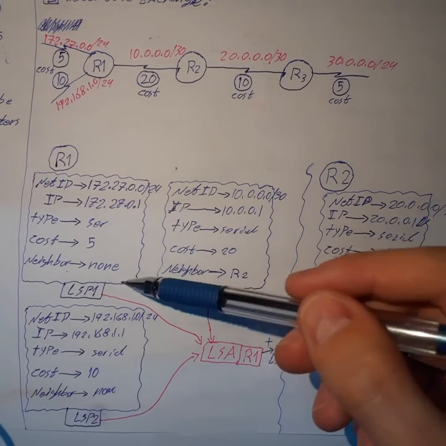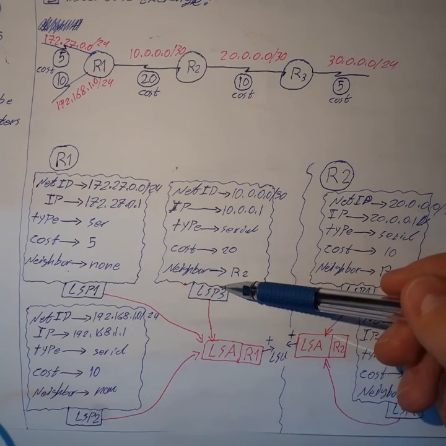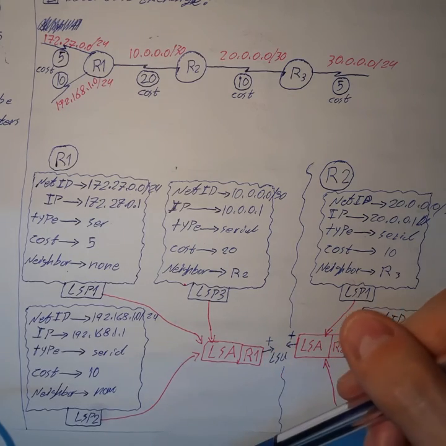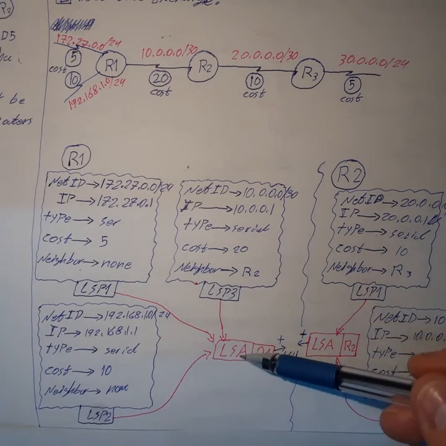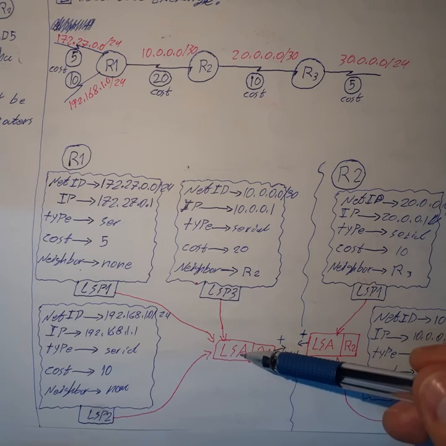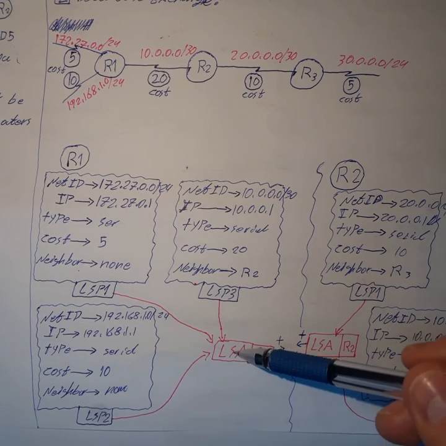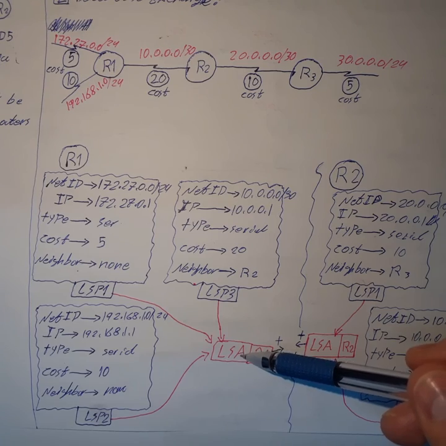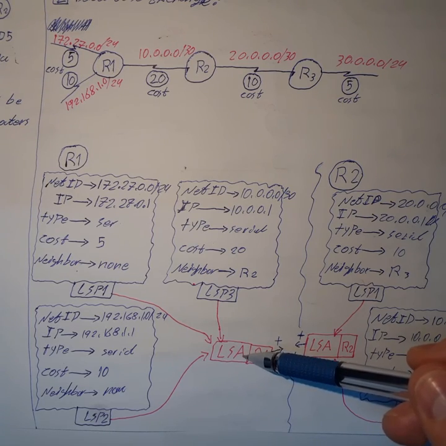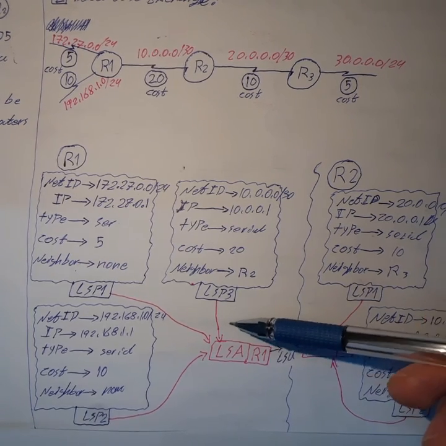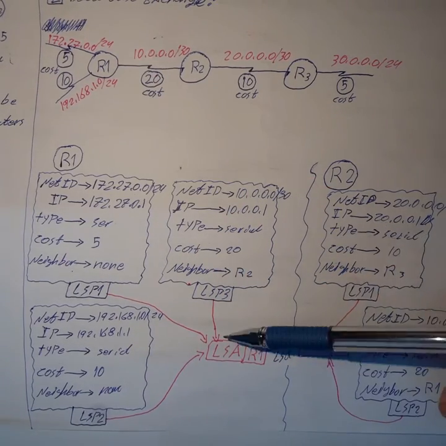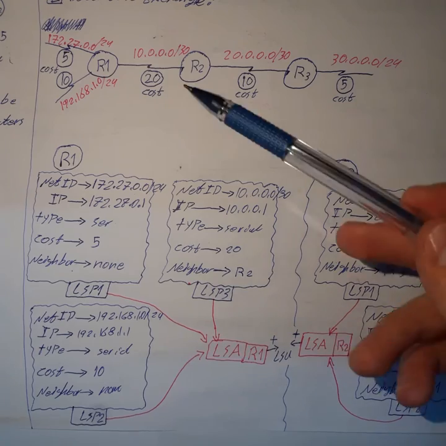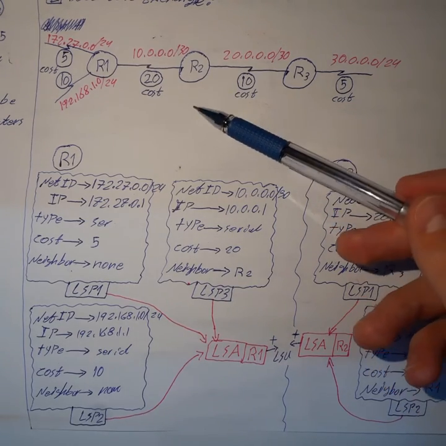Now one LSP plus another LSP plus another LSP, so more than one LSP together, is called an LSA. LSA means link state advertisement. Now router 1 will take all these LSAs and send them to its neighbors, just its neighbors.